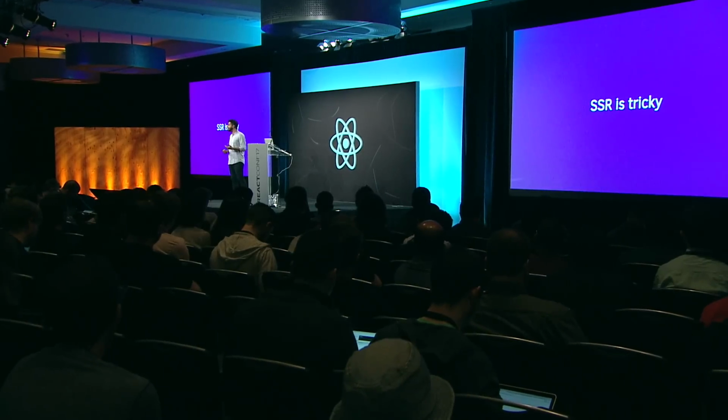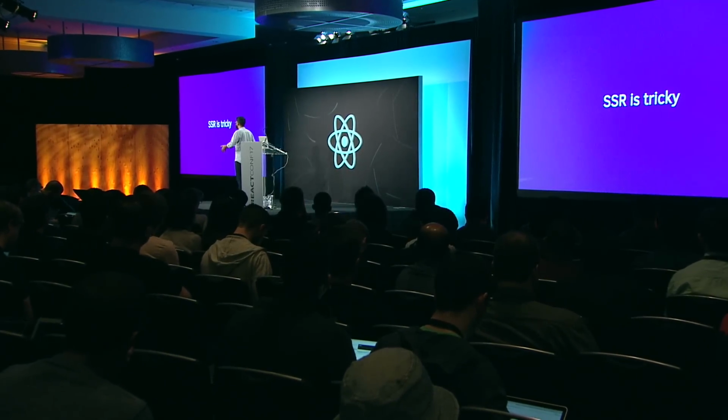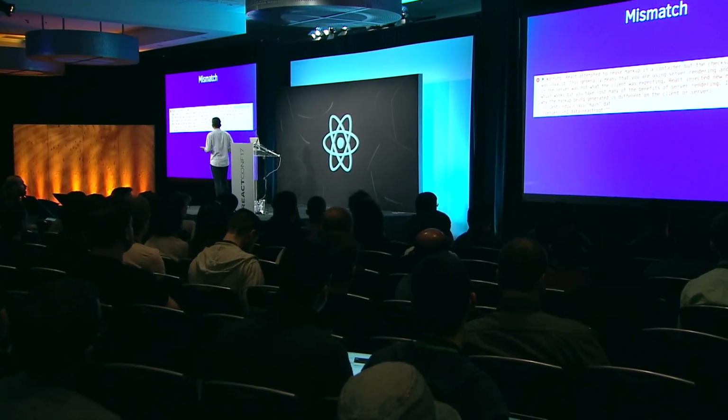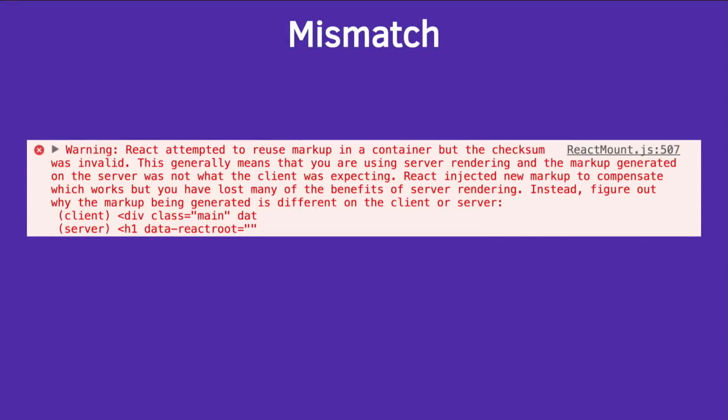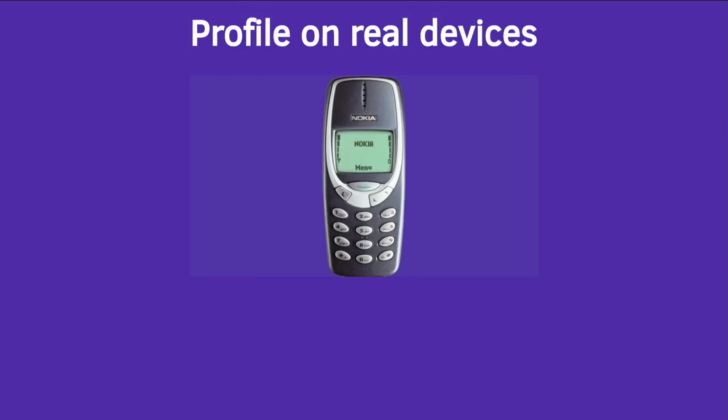And what happens? Because React, when it starts up, eagerly attaches itself to the entire tree, you end up getting this infamous error, the mismatch in markup error. So you have to be really careful that you make sure that your server and client are always in sync when you're lazy loading.